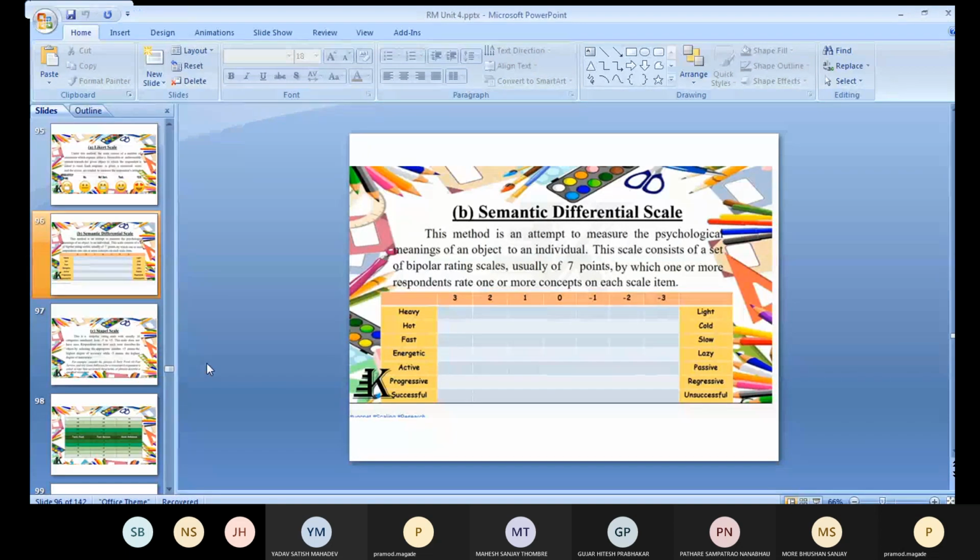Next, this scale consists of a bipolar rating scale. Bipolar means a number of stages, like 3, 2, 1, and minus. So a bipolar rating scale.